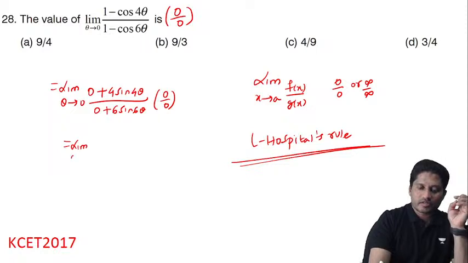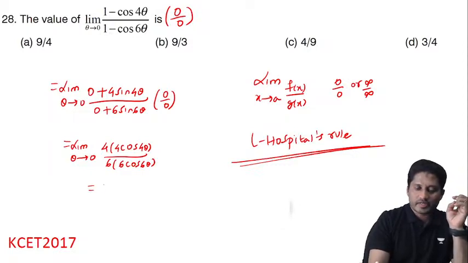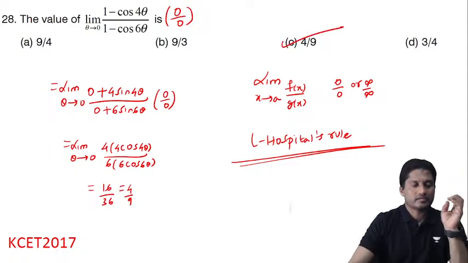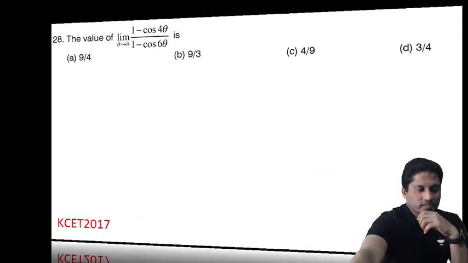Limit theta tends to 0. 4 into this is 4 cos 4 theta divided by 6 into cos 6 theta. Now if theta tends to 0, you get 16 divided by 36, which is equal to 4 by 9. Right, answer is option C. Let's move to the next question.